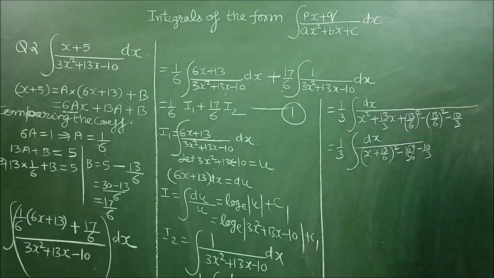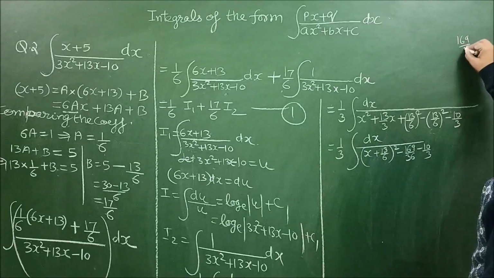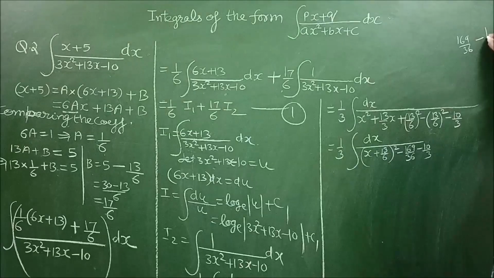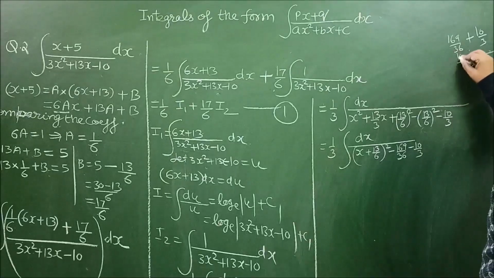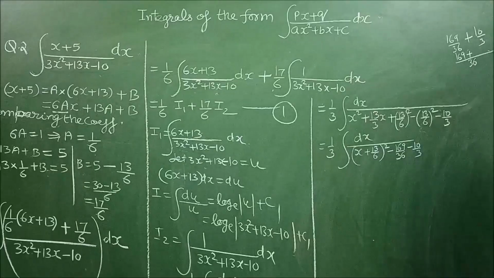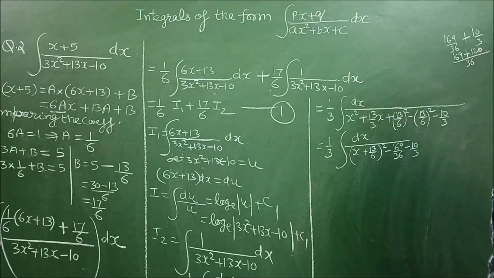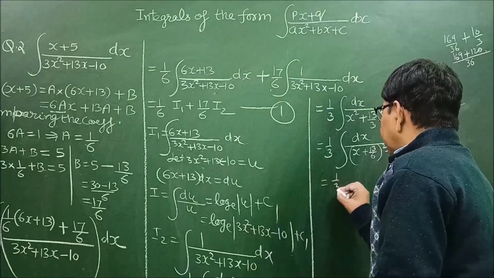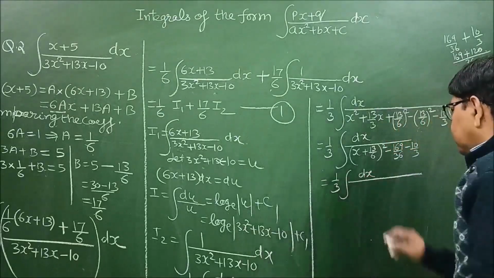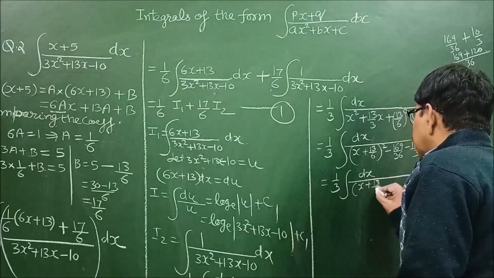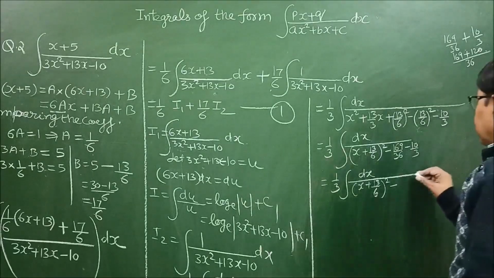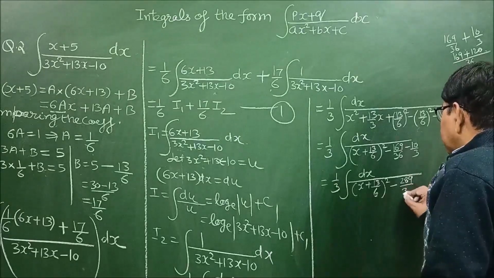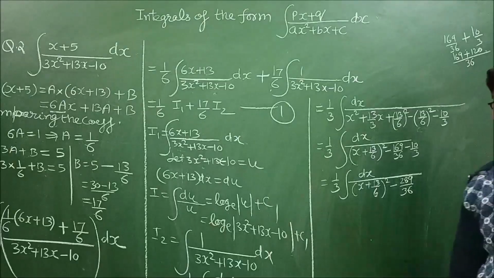Both are negative, so adding these two, 169/36 and 10/3, that is 169 plus 12 times 10, which is 120, that is 289/36. So this is equal to 1/3 ∫ dx upon (x + 13/6)² − 289/36, and 289 is the square of 17.